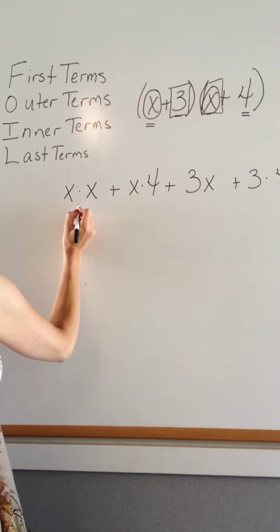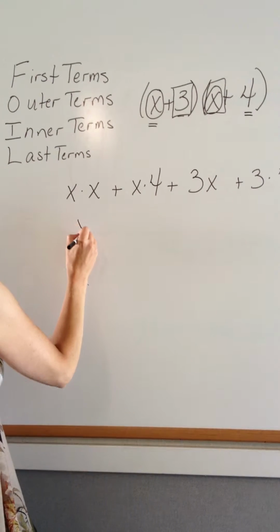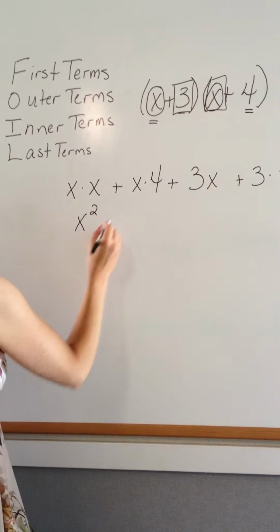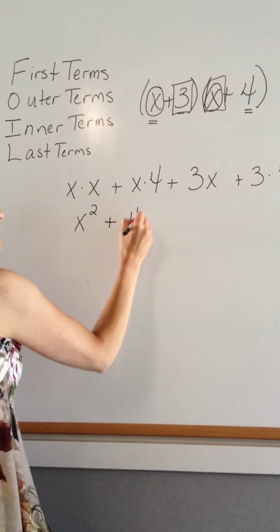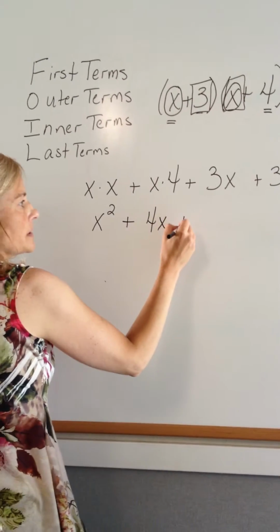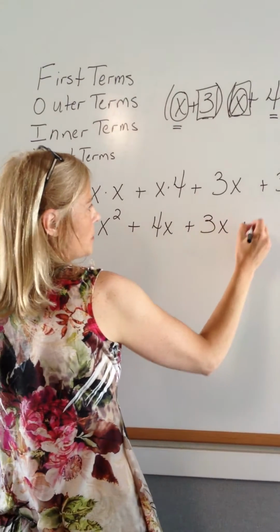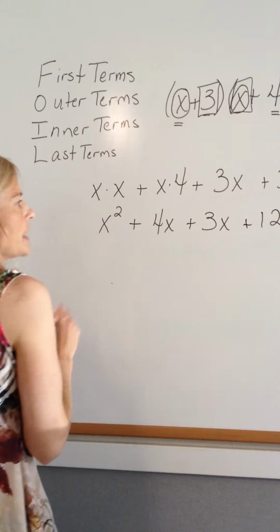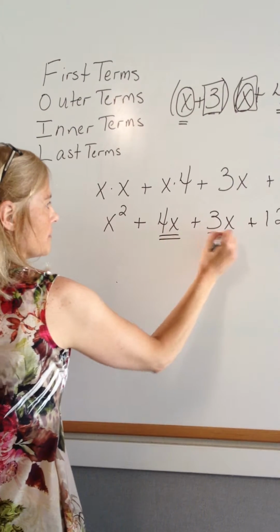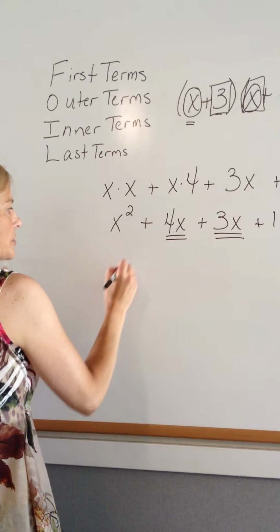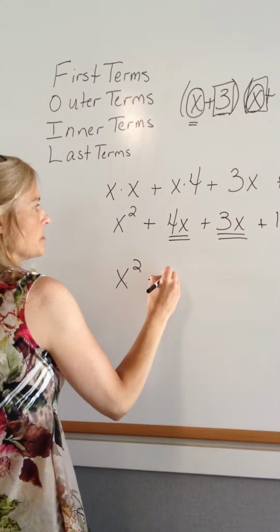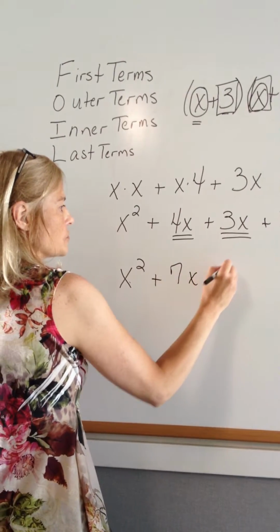So we multiply the x times the x, and we get x squared. 4 times x, 4x. 3 times x, 3x. 4 times 3, or 12. Now we combine the like terms. We have a 4x and a 3x, and you're going to end up with x squared plus 7x plus 12.